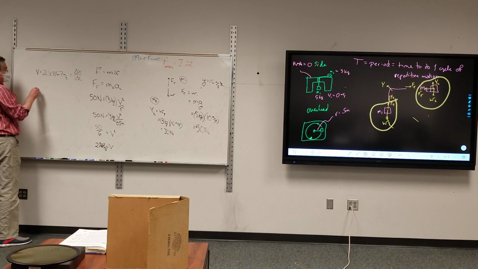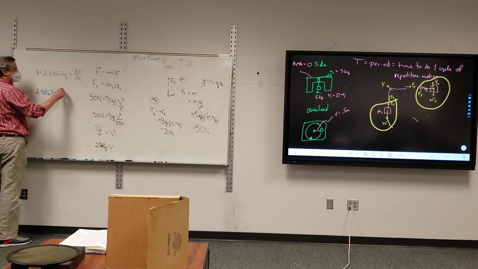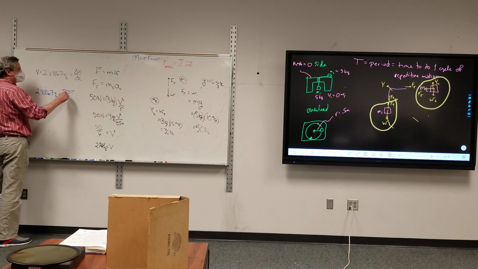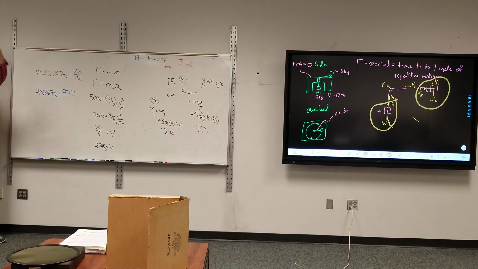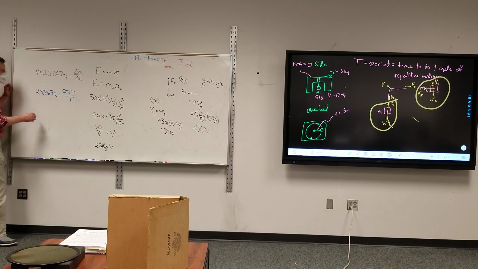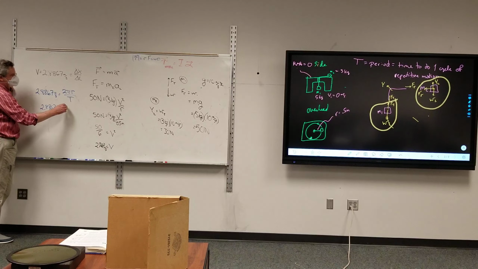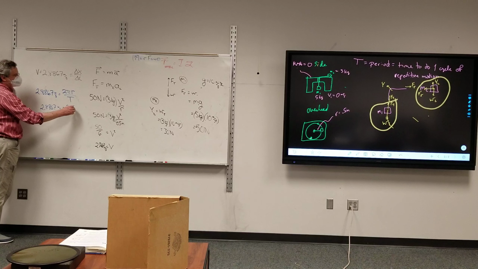So 2.8867 meters per second is equal to 2 pi r, that's the distance it travels in one cycle, divided by the period. So 2.8867 meters per second is equal to 2 times pi times 0.5 meters divided by the period.